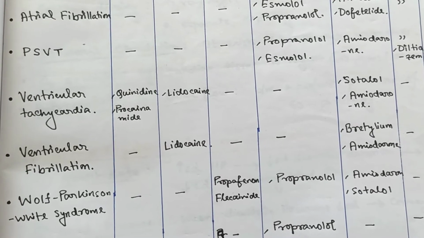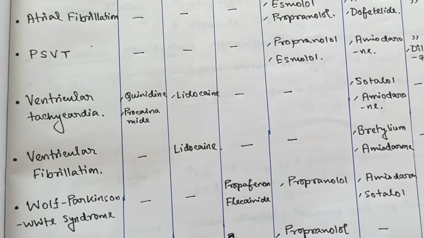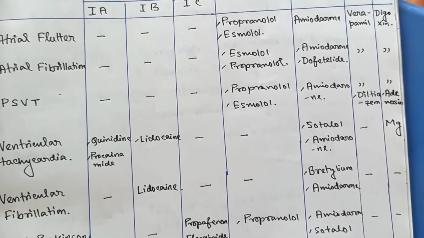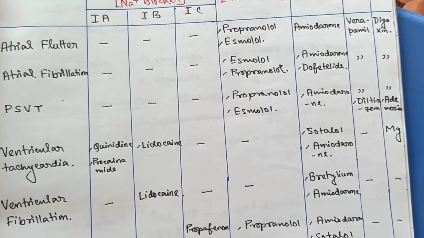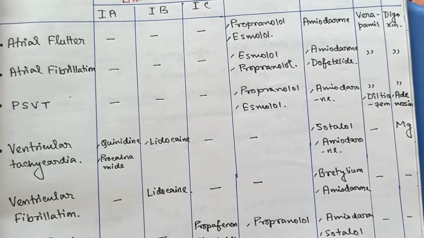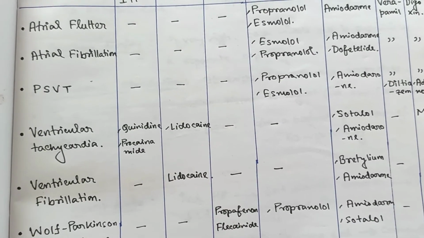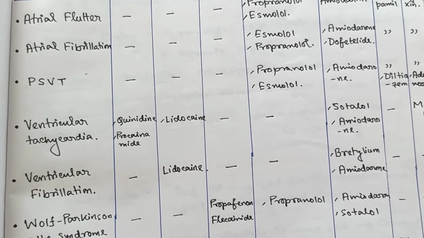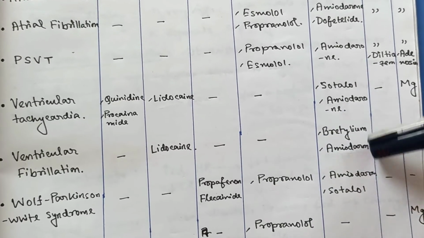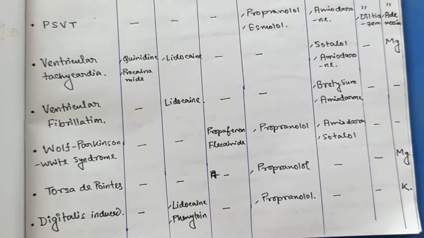Type 1A like quinidine or procainamide are prescribed effectively in ventricular tachycardia, and 1B like lidocaine are also prescribed. And type 3, that is potassium blockers, sotalol or amiodarone may be given, and some miscellaneous component like magnesium may be prescribed. For ventricular fibrillation, lidocaine is very effective.